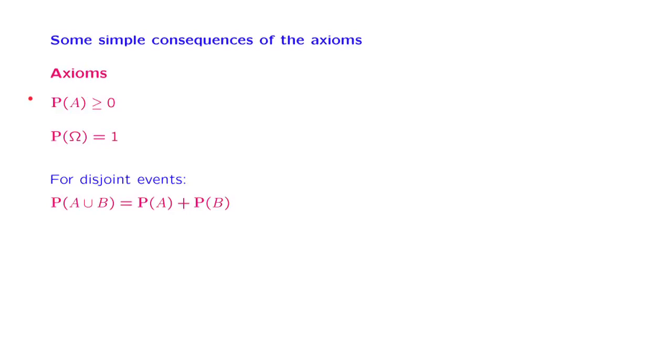We will show that probabilities are also less than or equal to 1. We have another axiom that says that the probability of the entire sample space is 1. We will show a counterpart that the probability of the empty set is equal to 0. This makes perfect sense. The empty set has no elements, so it is impossible. There is 0 probability that the outcome of the experiment would lie in the empty set.